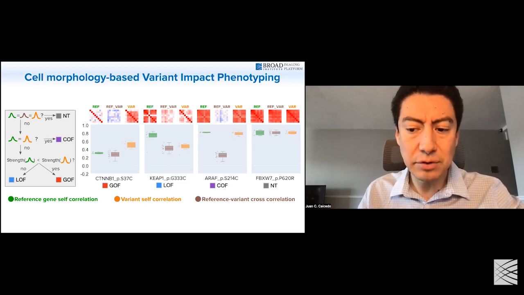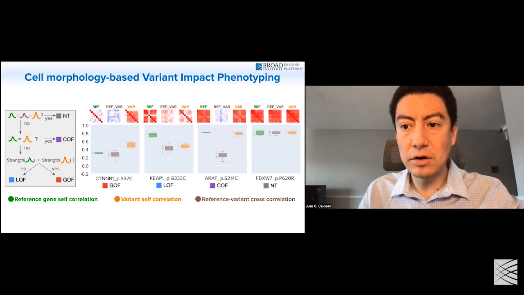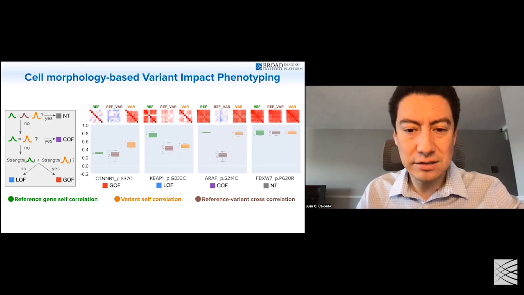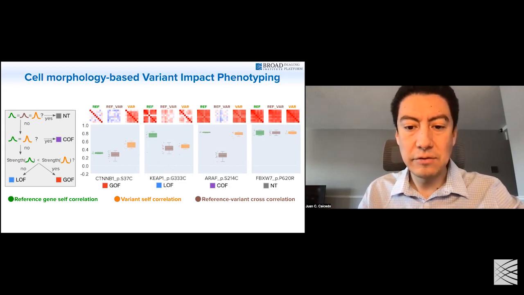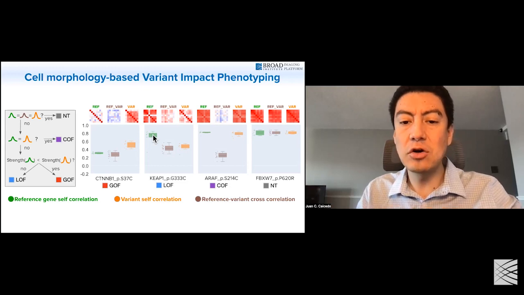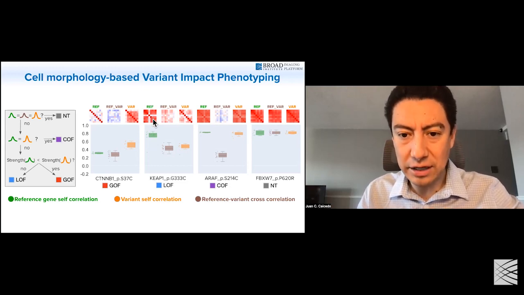Here are a few examples of the 3 or 4 different types of outcomes that you can get out of this analysis. For instance, this loss of function mutation for KIEP1 indicates that the reference gene has a very high and strong correlation across all of the replicates.